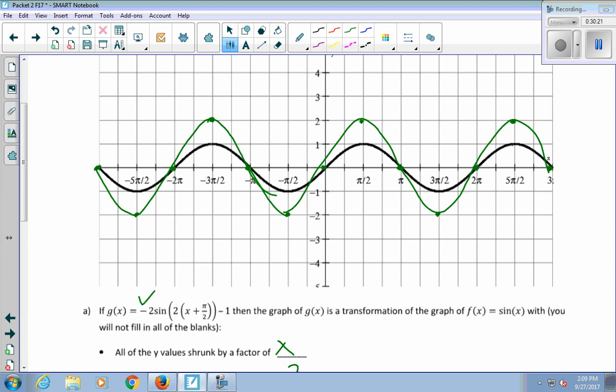Oh, I didn't multiply by -2, I only multiplied by 2. So now I have to do the reflection over the x-axis. So the zeros stay where they are. And then the mins become maxes and the maxes become mins.